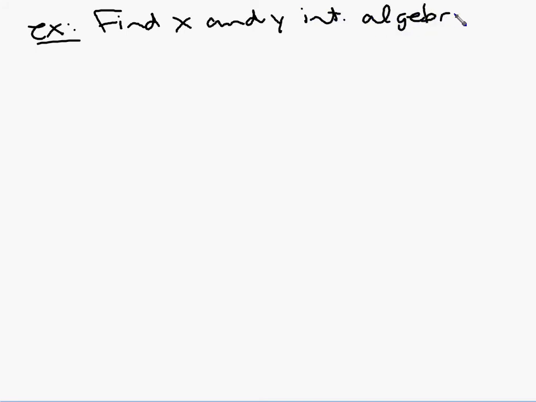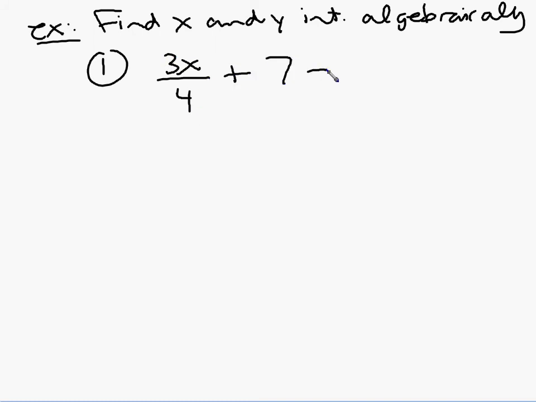So if they give you something like this, if they tell you to find the x and y intercepts algebraically, we'll just do one of these. And they give you an equation like 3x over 4 plus 7 minus 2y equals 0.